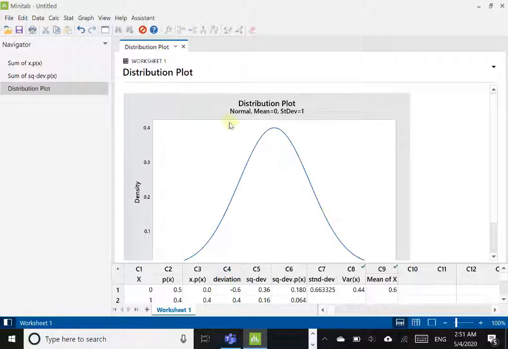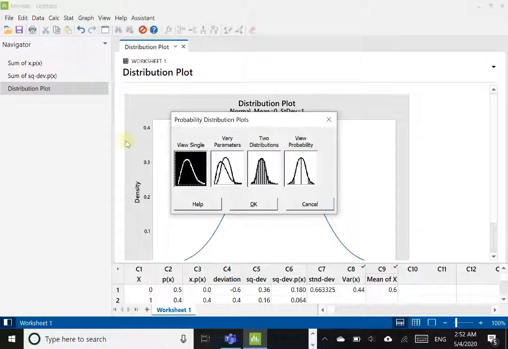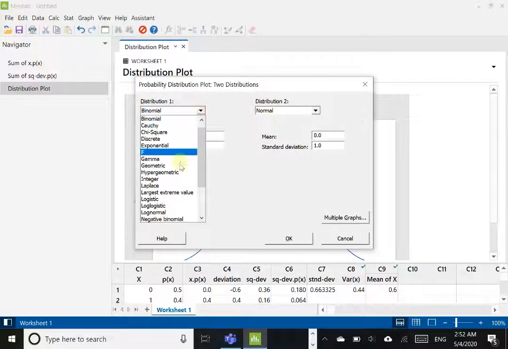Now, let's find those probabilities, shall we? So I'm going to go to graph and then probability distribution. And this time, let's draw two distributions. Go to two distributions. For both of them, you can have a binomial, normal, whatever. I'm going to keep both of these as normal.